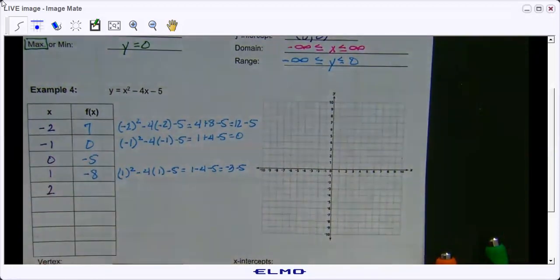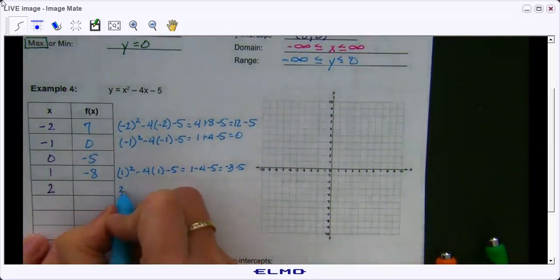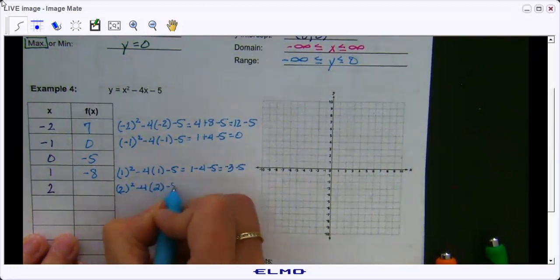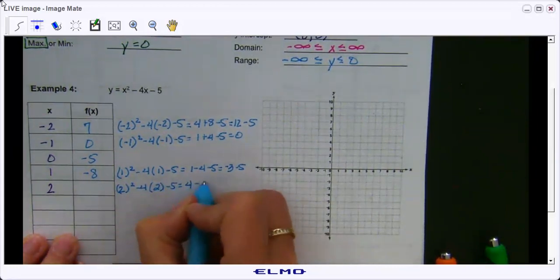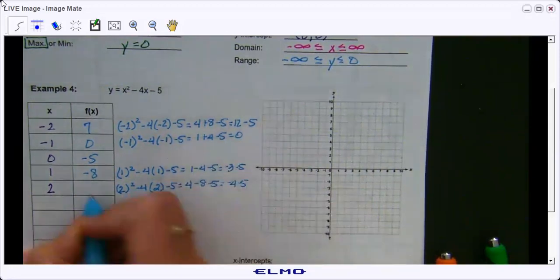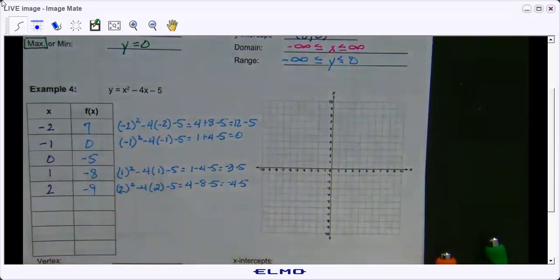And I don't see a pattern happening. You should see a pattern happening. But the closer the numbers get, the closer you are to a pattern.